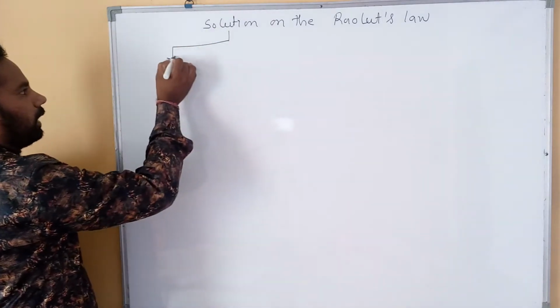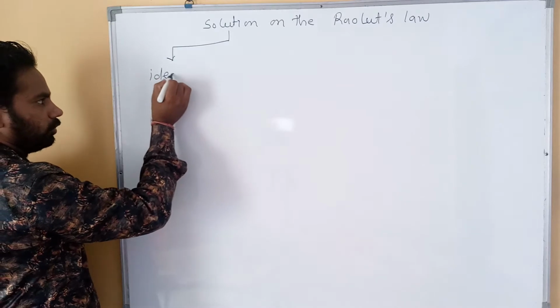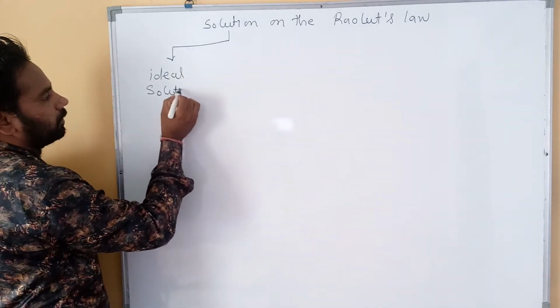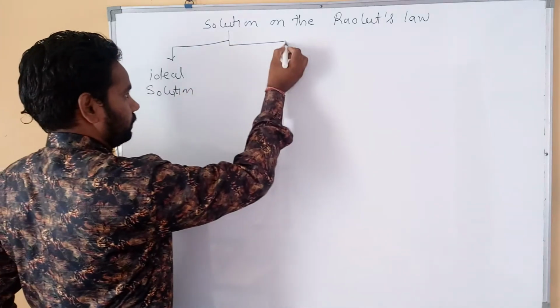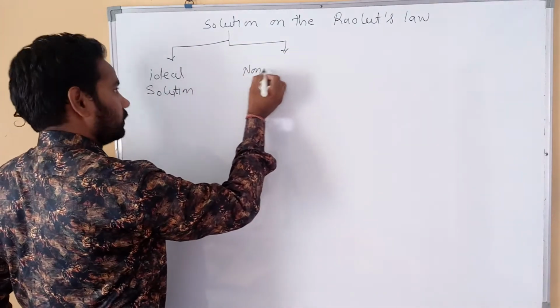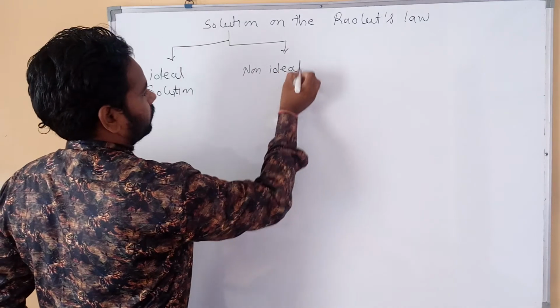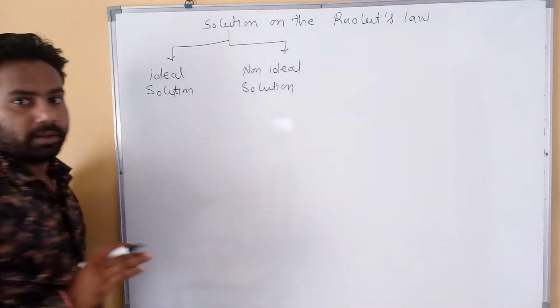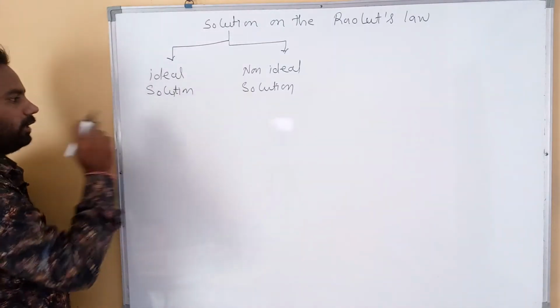On the basis of Raoult's law, solutions are of two types: ideal solution and second is non-ideal solution. Okay, first we clear ideal solutions.